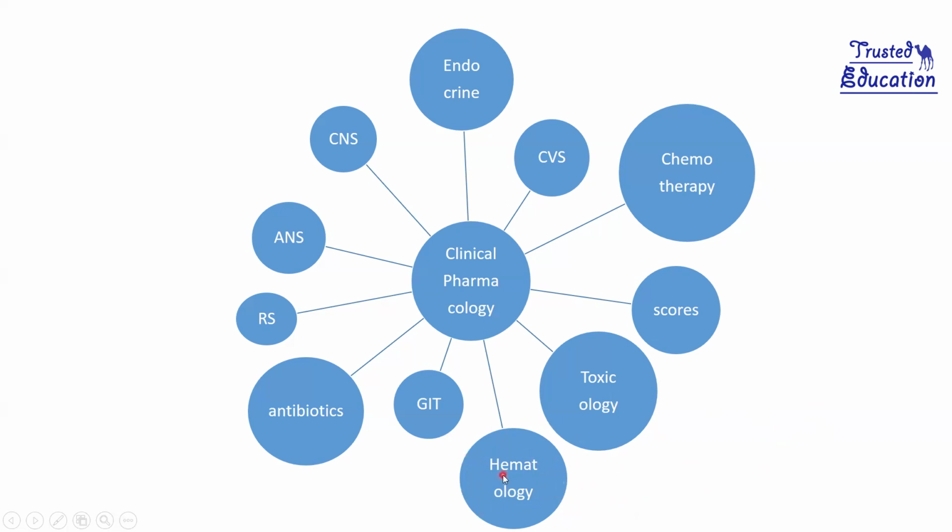Here, we have to understand the clotting cascade and the medications that are working in different steps in the clotting cascade, like warfarin, like Clexane, and other medications. Toxicology.